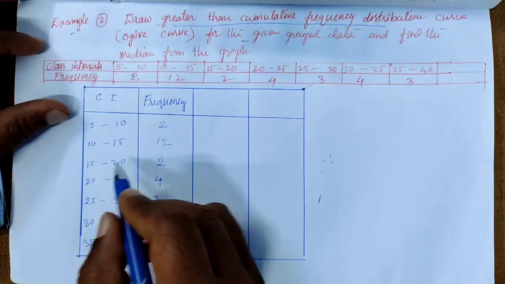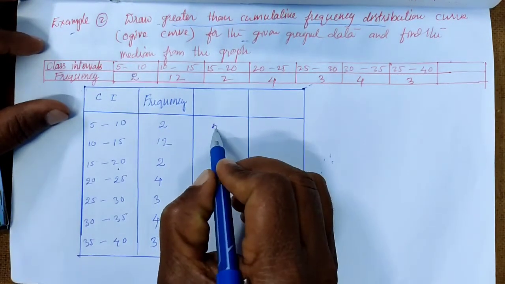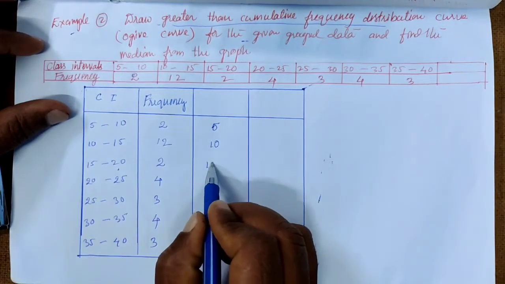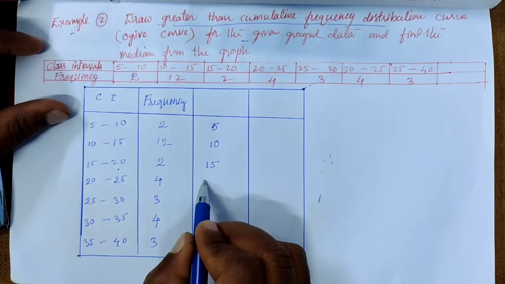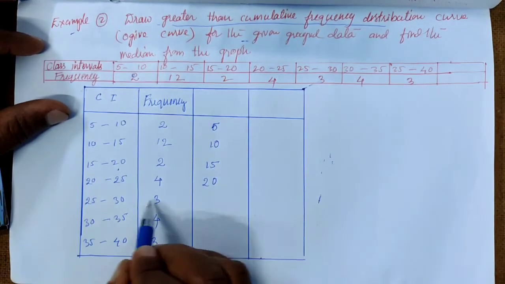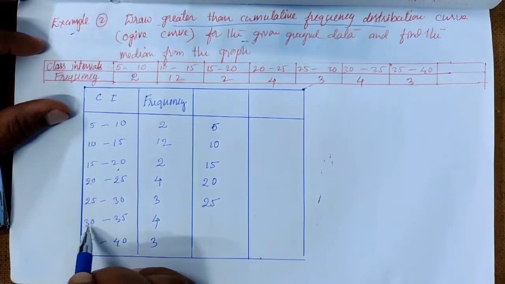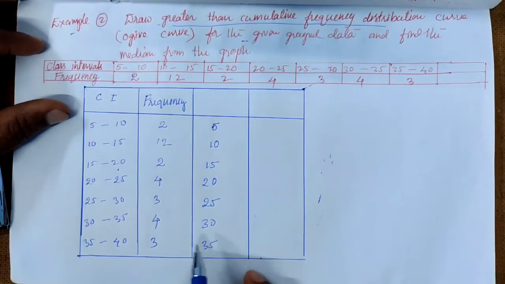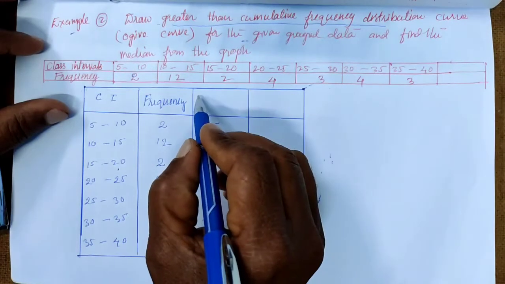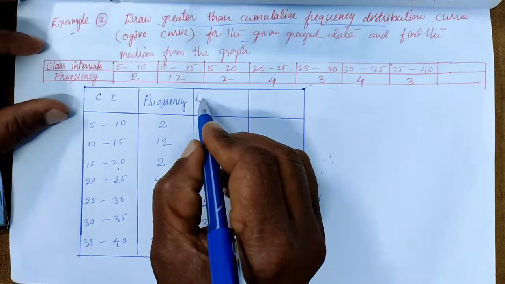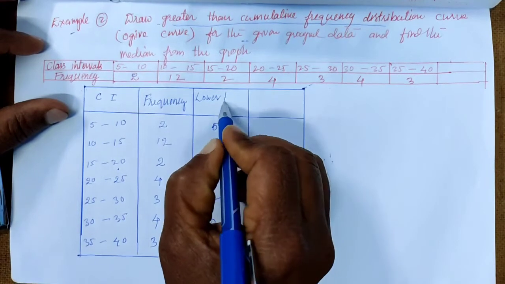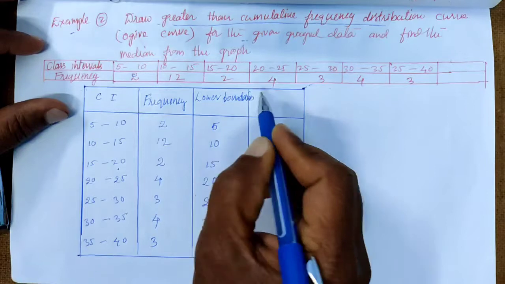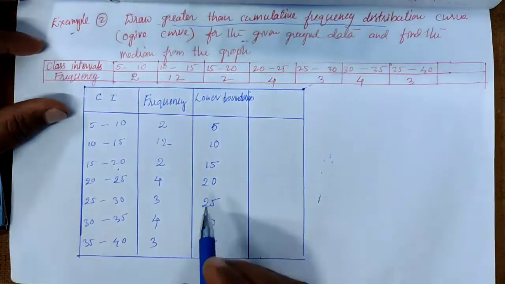Write all these: 5, 10, 15, 20, 25, 30, and 35, the last one. These are the lower boundaries.